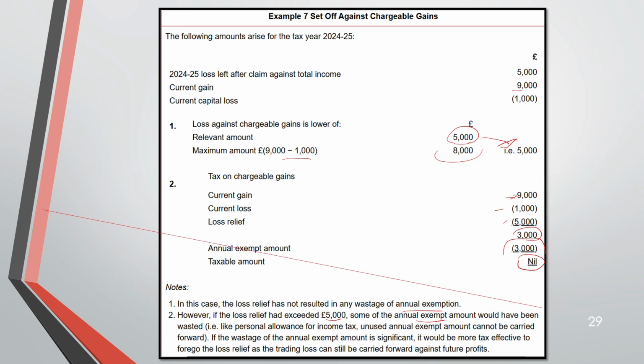So if you see you are wasting more of your annual exempt amount, it would be more tax effective not to claim the loss relief now, because you can keep on carrying forward the losses against future profit. But the annual exempt amount, once lost, is lost.